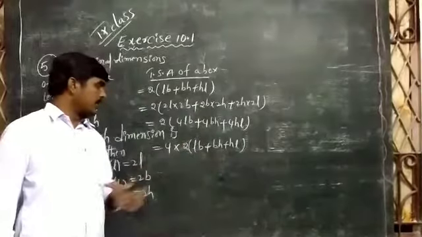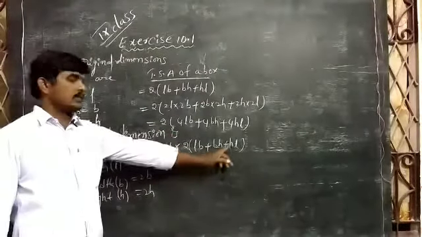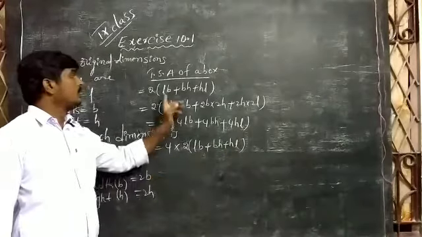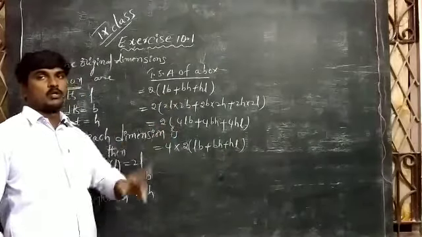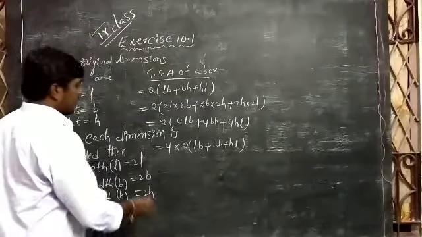Observe here, forget this one. What is there? This is the formula of the original total surface area of the cuboid. So from that, what conclusion can we draw?